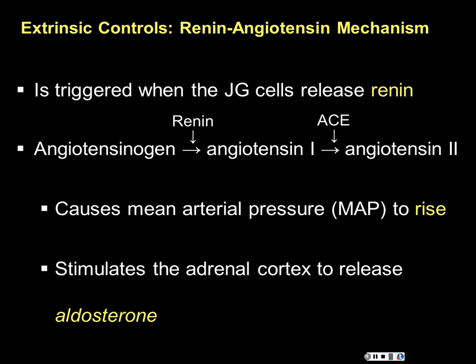When our blood pressure changes, the juxtaglomerular apparatus can release this product called renin. And renin will activate angiotensinogen to an intermediate called angiotensin 1. Okay, so this is starting a cascade. Angiotensin 1 is also a precursor that can be converted by an enzyme called angiotensin converting enzyme. Okay?